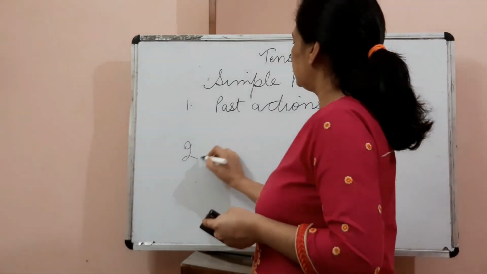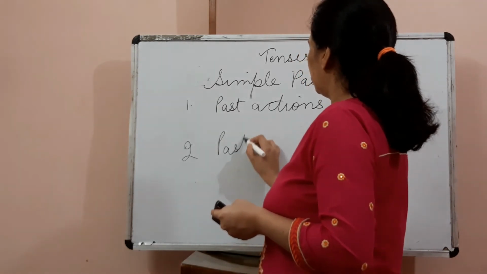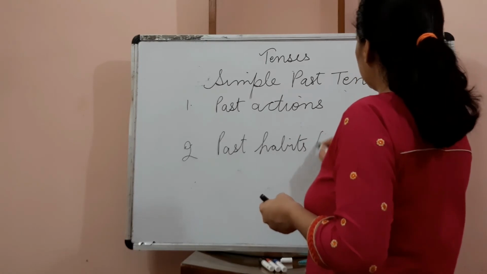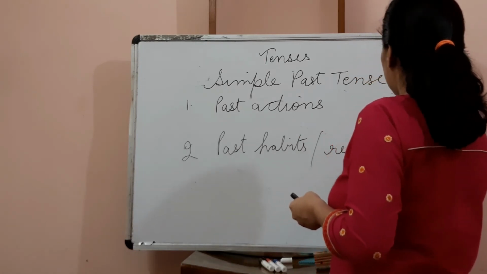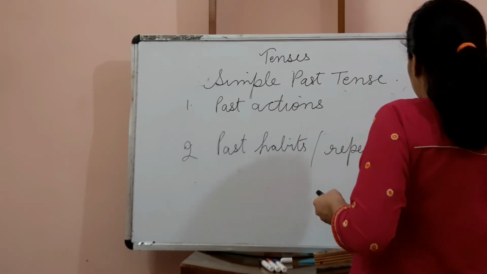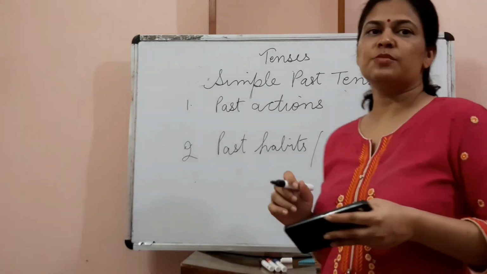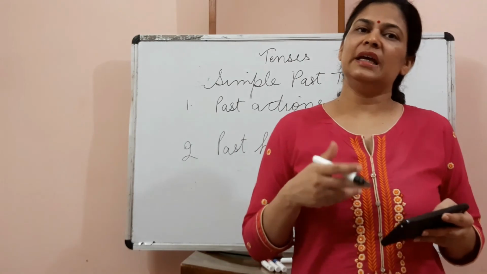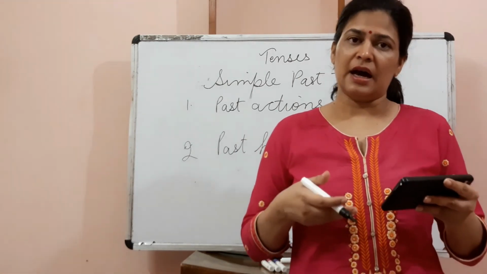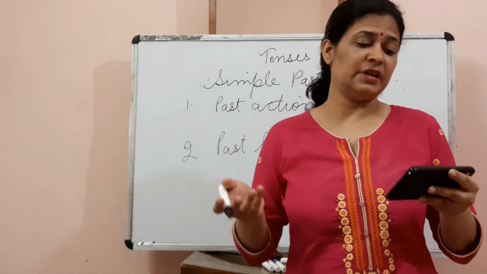So we can write past habits and past repeated actions. For example, when I was small, I would play cricket. And here it is given, when I was in Chennai, I went to the beach every day.